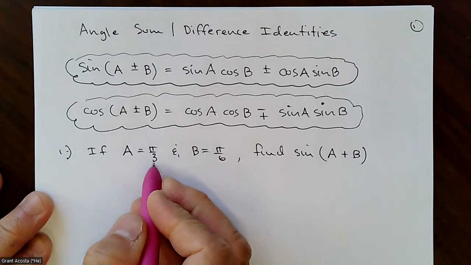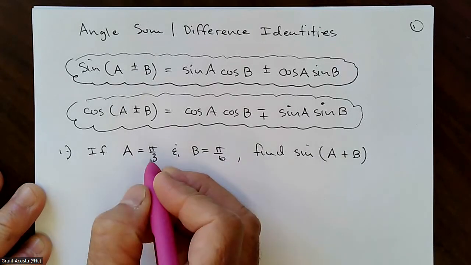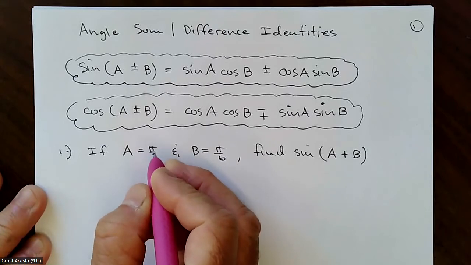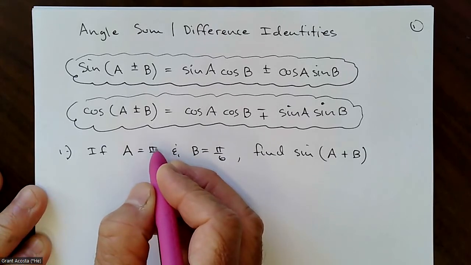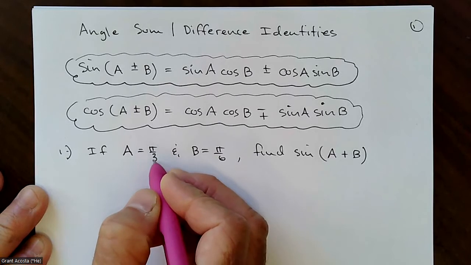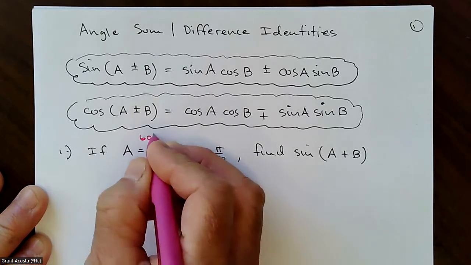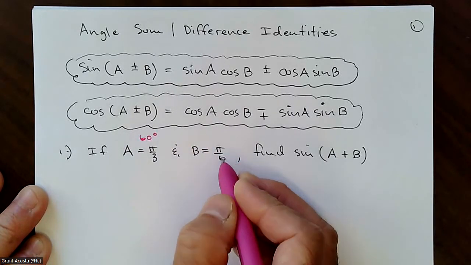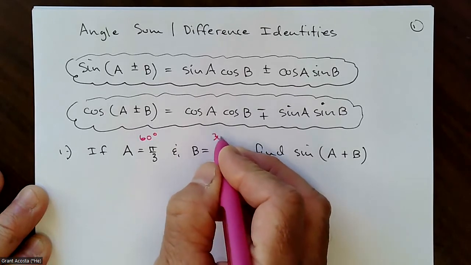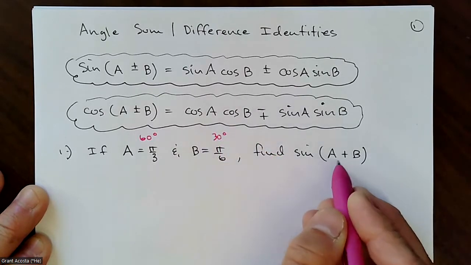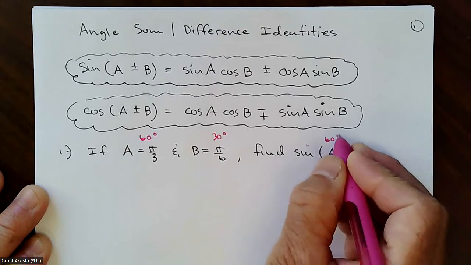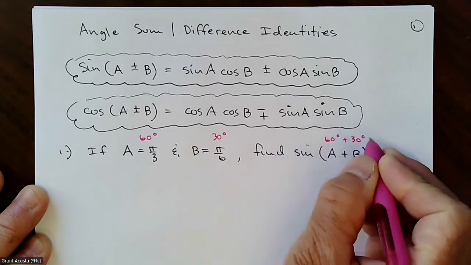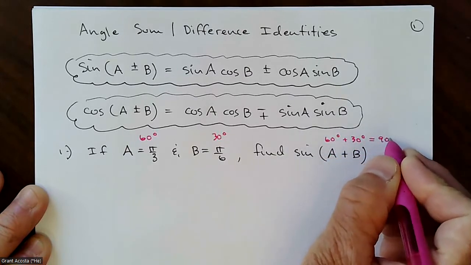If I let A be pi over 3 and B be pi over 6, let's think in degrees for a moment. Remember, pi is 180 degrees, so 180 divided by 3 is 60 degrees, and 180 divided by 6 is 30 degrees. So if I'm doing A plus B, I'm doing 60 degrees plus 30 degrees, which means I'm finding the sine of 90 degrees.